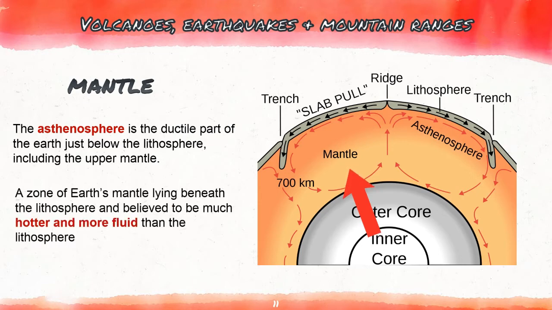It is a zone of the Earth's mantle lying beneath the lithosphere and believed to be much hotter and more fluid than the lithosphere. So meaning to say, the asthenosphere is a fluid-like layer in the mantle. It is where the tectonic plates float.